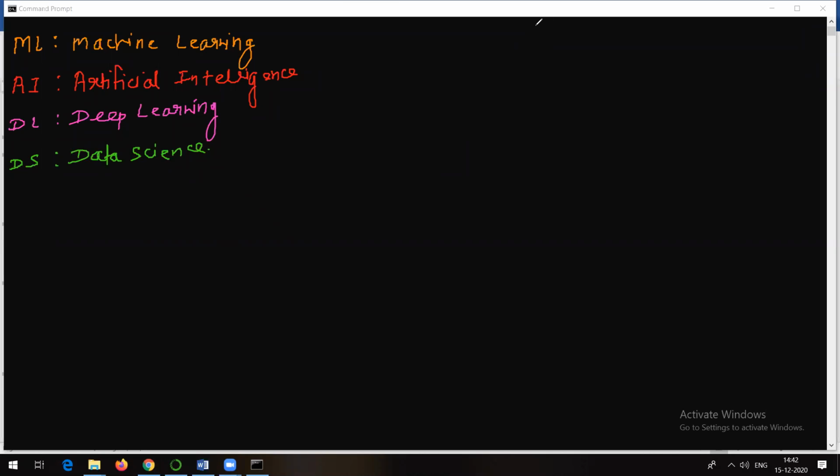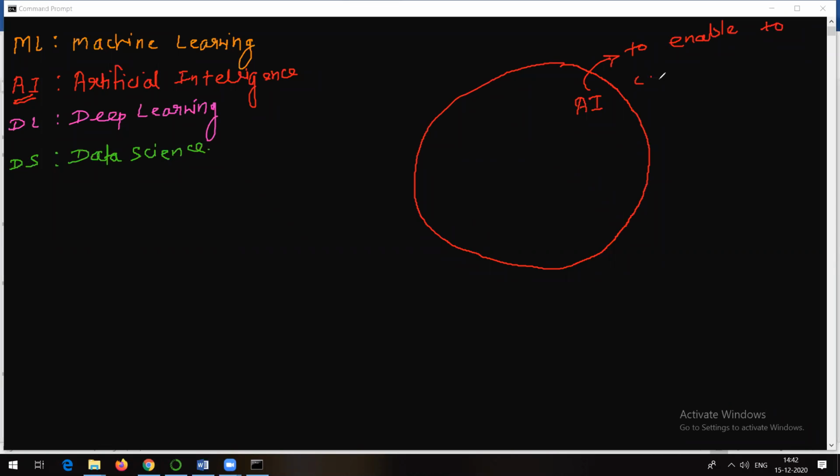So let me first talk about AI, because artificial intelligence is the bigger umbrella. This is the thing under which everything is going to come into the picture. Suppose I represent artificial intelligence with a circle. What is artificial intelligence in brief? It is nothing but to enable computers to think. That's what artificial intelligence is.